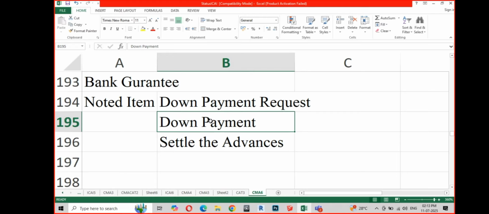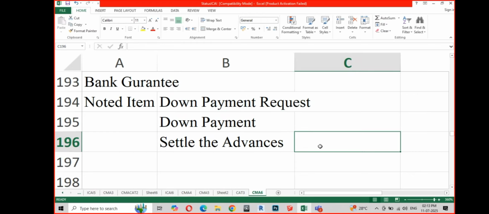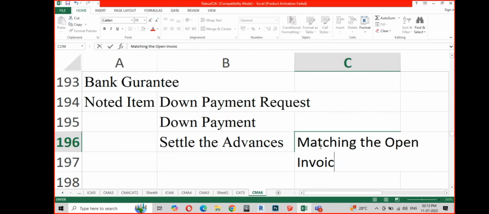You raise a sales invoice against the customer, and you are matching. So, what is settling of advances? Matching the open invoice with the advances. You are matching the sales invoice which you have raised with the amount of advance whatever you have received. This is your settling or clearing of advances.